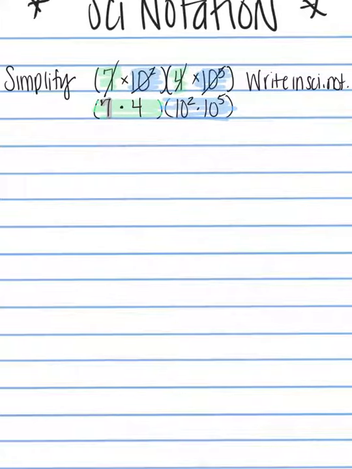All I did was rearrange my 7 and my 4 and my 10s. So 7 times 4 is the same as 28. And let's look over here. Remember that 10 to the second power times 10 to the 5th power is simply the same as 10 to the 2nd plus 5. Or in this case, 28 times 10 to the 7th.